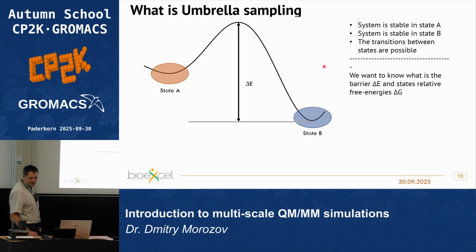So what you can do is pull the system in the dynamics with some force from state A to state B. But the problem is that typically if you do it like this, you would need to do this many times from A to B and from B to A. Then you can average the work which your pulling force has done from A to B and from B to A. Thus you can extract from these pulling simulations the free energy or partition function, which Thomas previously tried to explain.